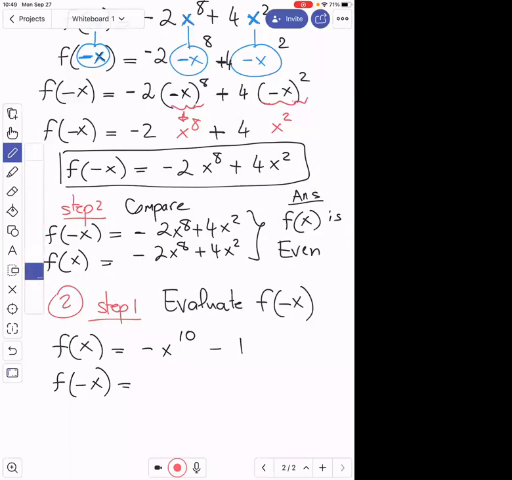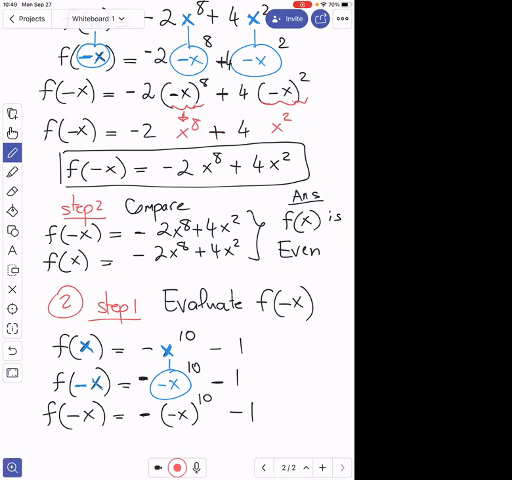Now f of minus x. I'm going to do the same thing, just substitute x by minus x. So here's an x, this is just minus x now. There's a minus outside, and this is power 10, and then minus 1. So there's this minus, parentheses, negative x inside, power 10, and then minus 1.